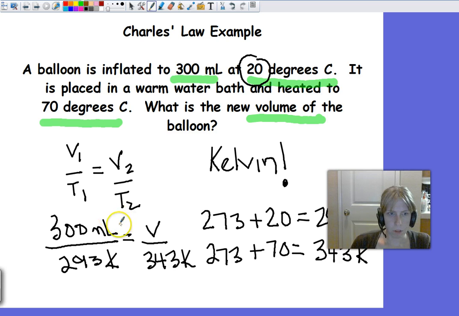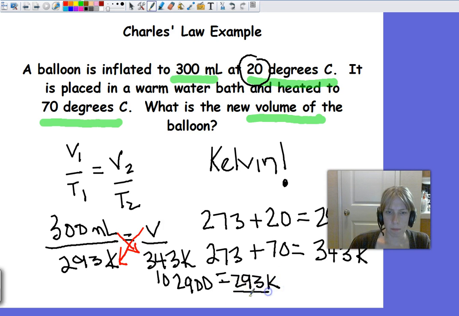Now if I cross multiply across here, so I'm going to multiply these and these, I will get, let's see, a final volume. Actually, it's going to be 102,900 equals 293K.